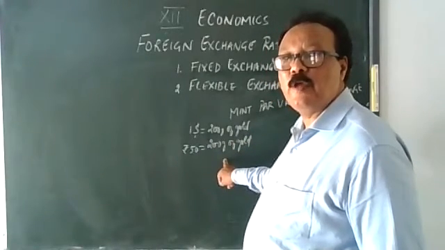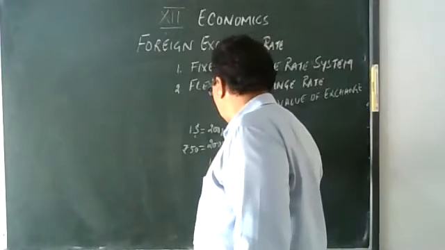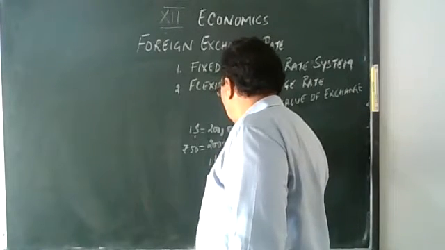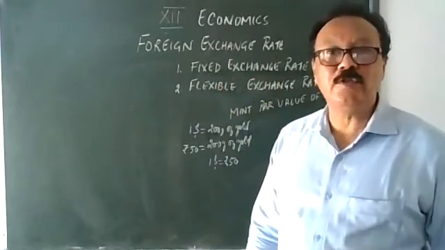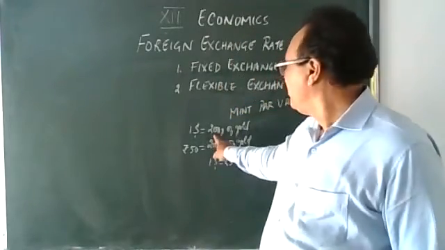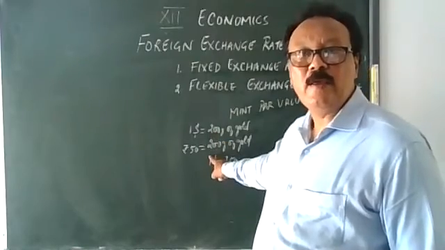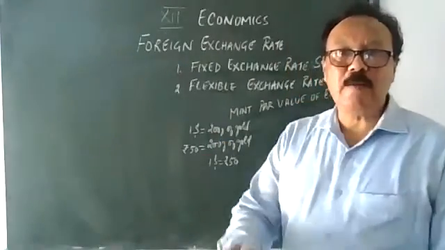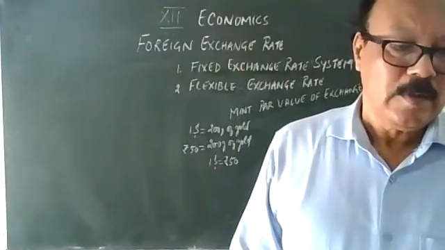So what is the value here? $1 is equal to rupees 50. This is how the exchange rate goes. When you pay in dollars, you are paying $1 for 200 grams, and when you pay in rupees, you are paying 50 rupees. So the comparison is $1 equal to rupees 50.